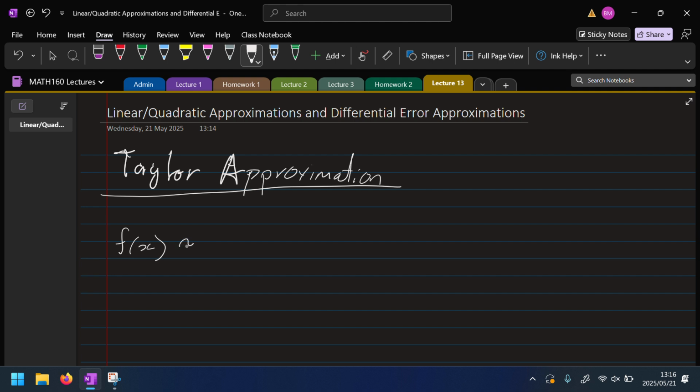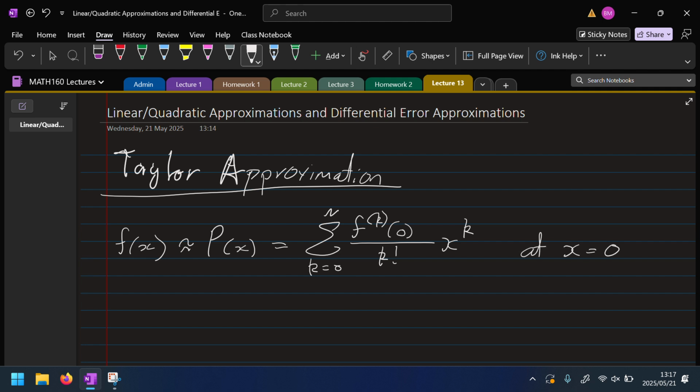This is approximately equal to the Taylor polynomial P, given by the sum as k goes from 0 to n of the kth derivative at 0 over k factorial, x to the k. We did the derivation for this, we found the coefficients, and we did a few examples. Now this only worked at x equals 0. For all of those examples, we did the approximation at x equals 0.